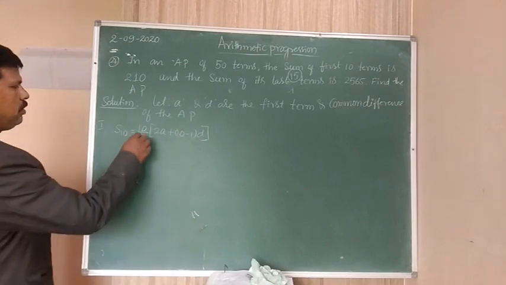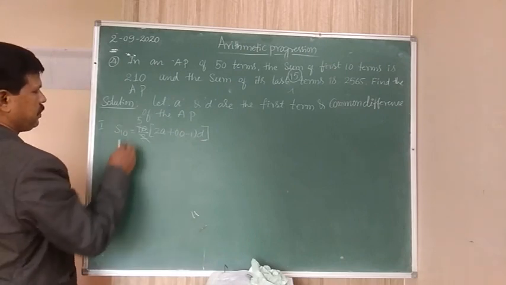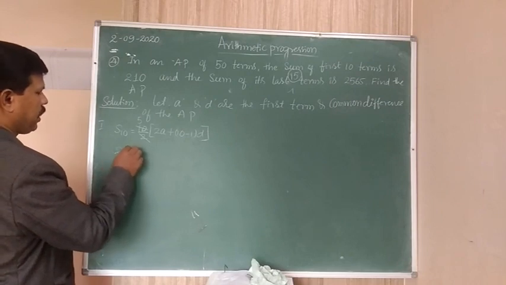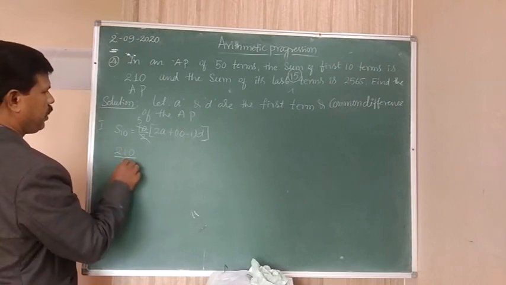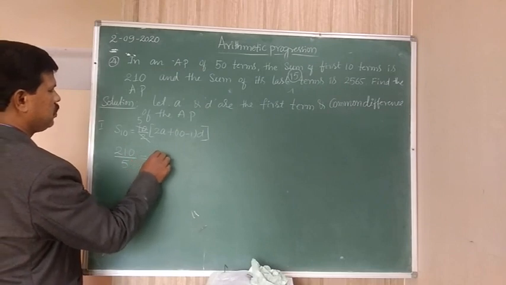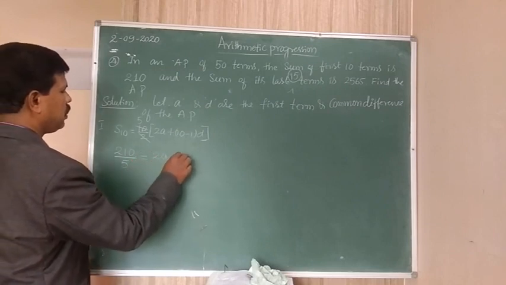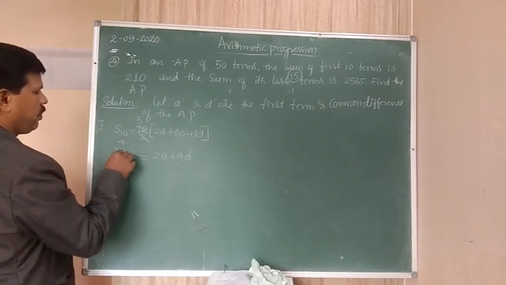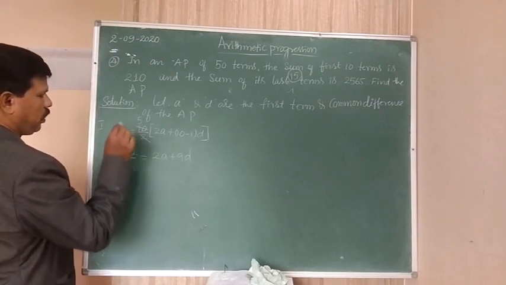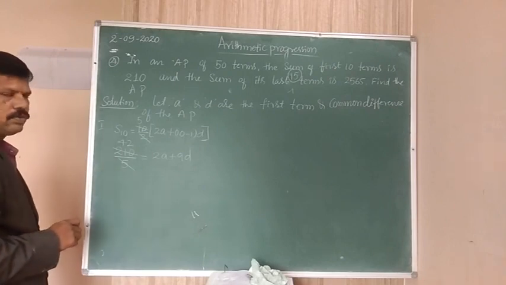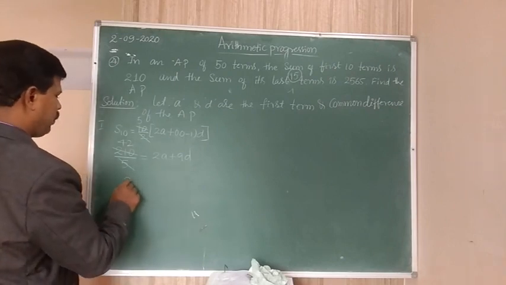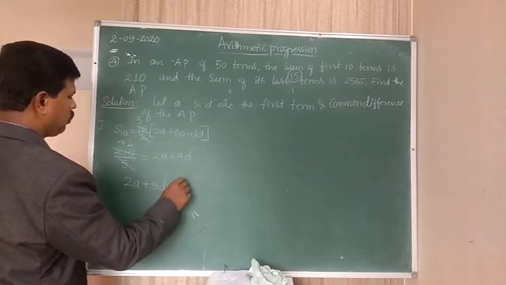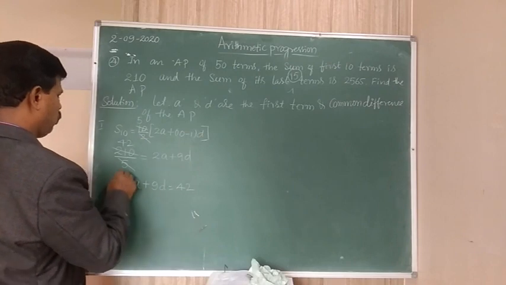Now S10 is given, that is 210, divided by 5, you can write it, equals 2a plus 9d. Therefore the first equation becomes 2a plus 9d is equal to 42.